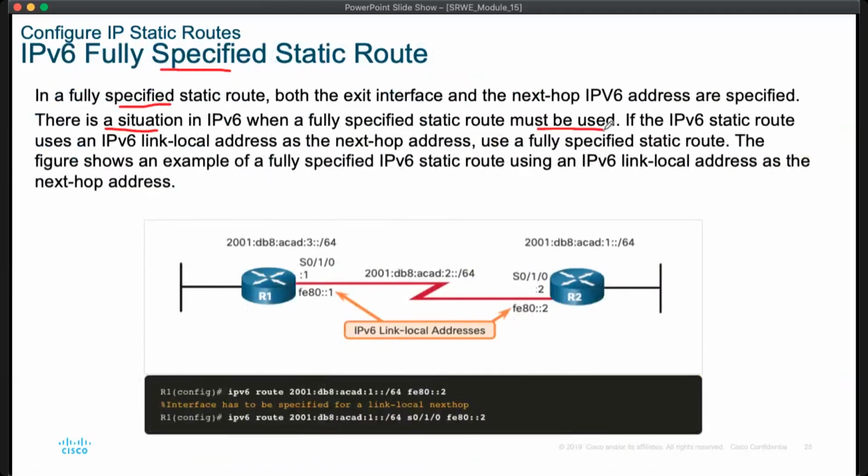If the IPv6 static route uses an IPv6 link-local address as the next hop address, you use a fully specified static route. The figure shows an example of a fully specified IPv6 static route using an IPv6 link-local address as the next hop address.